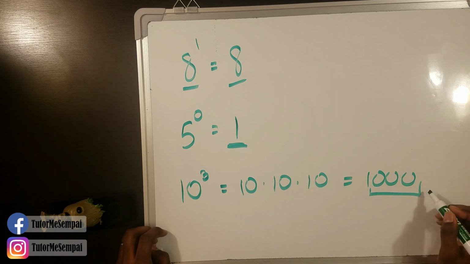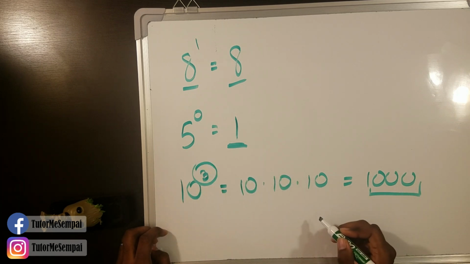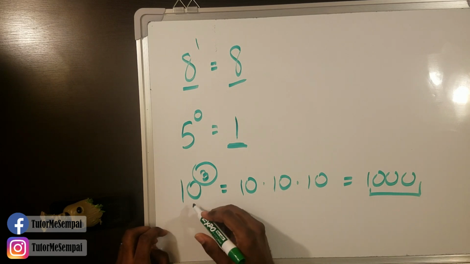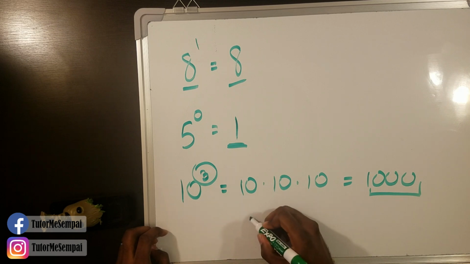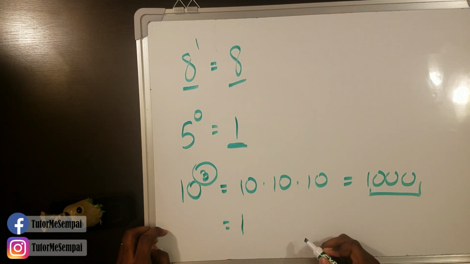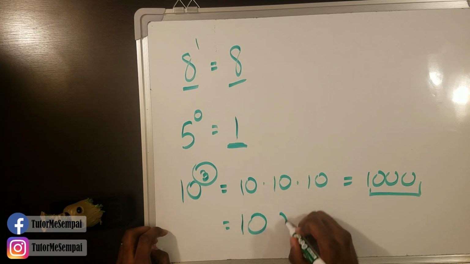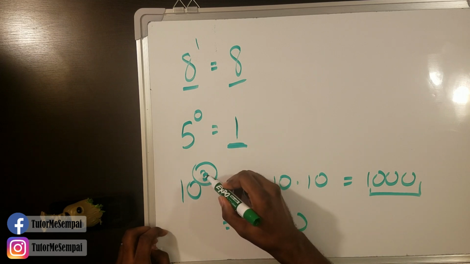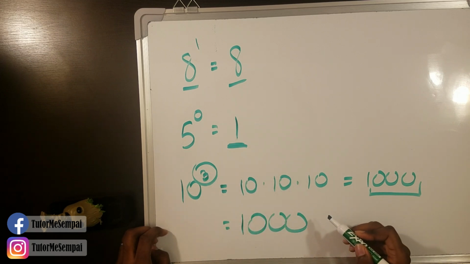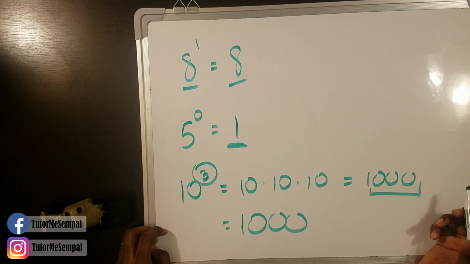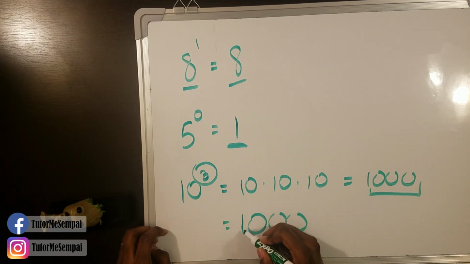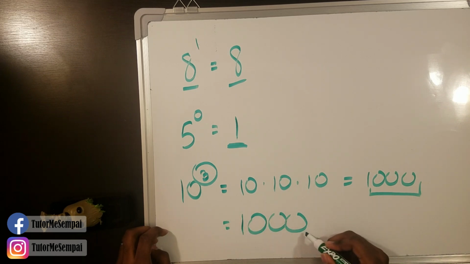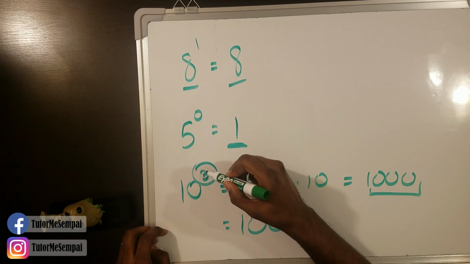There are 3 zeros, 3 tens, 3 zeros, and the exponent is 3. So the tip I have for you today is whenever you have a base of 10, you simply write 1 and then you add however many zeros you need based on that exponent. So you don't even have to worry about calculating this out.